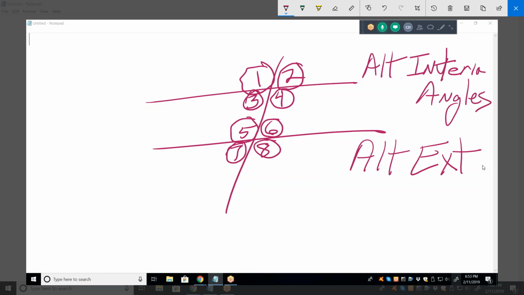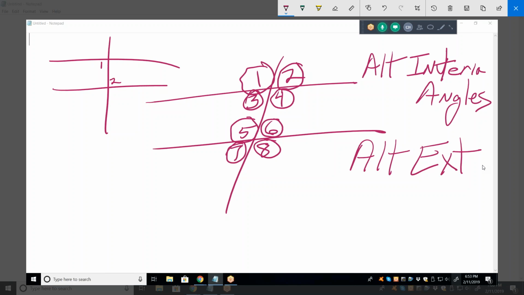The theorems say that alternate interior angles are equal, as we can see they are, because they're both acute. And the theorem also says alternate exterior angles are equal, and we can see they are. So even if I gave you a picture like this, you would know that this angle 1 is equal to that angle 2 because they are alternate interior.